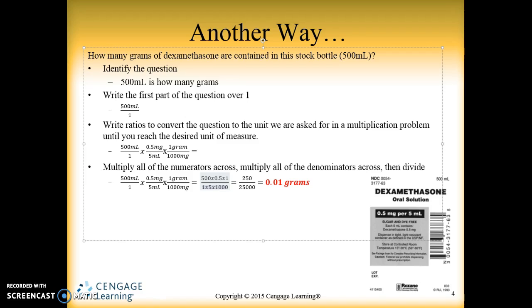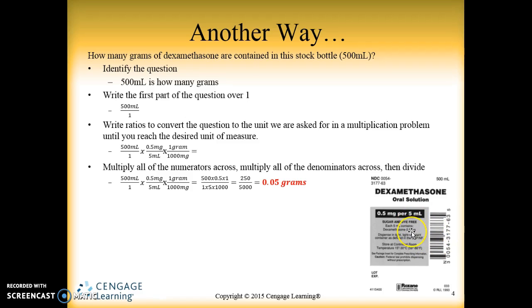That should be a 1, which means this is going to be a 5,000. So now you can see we have 250 over 5,000. And when we divide that, you're going to get that that is 0.05 grams.